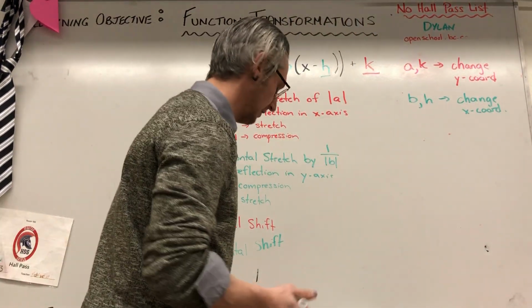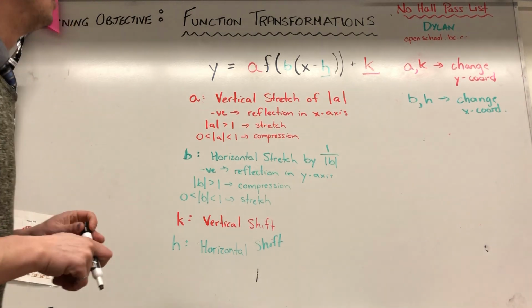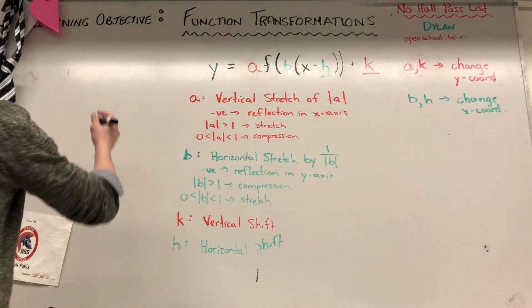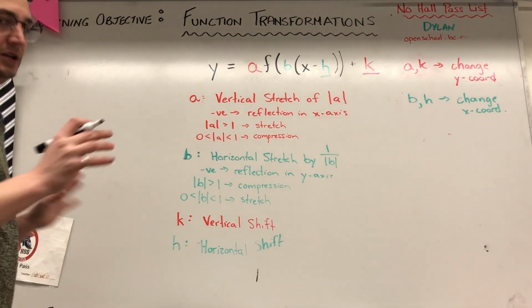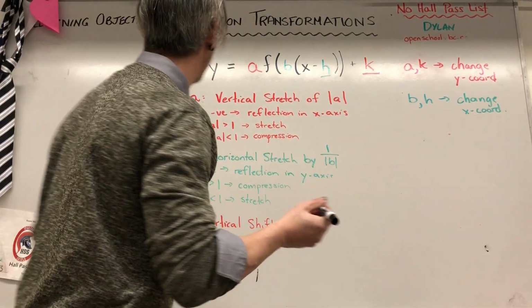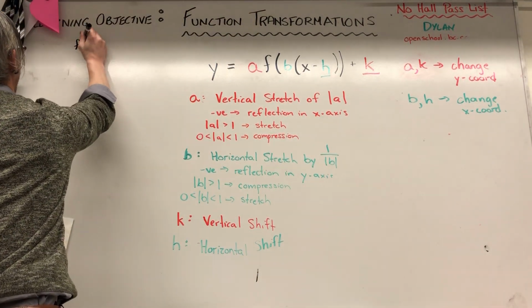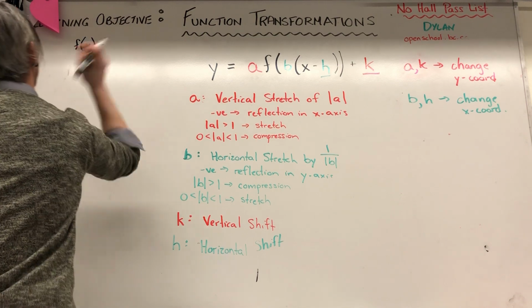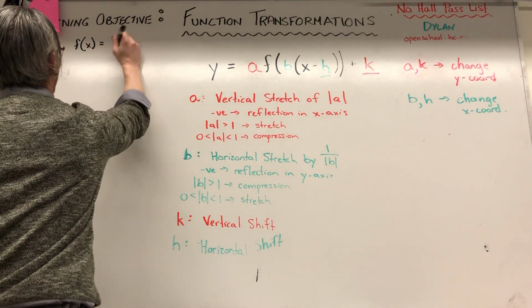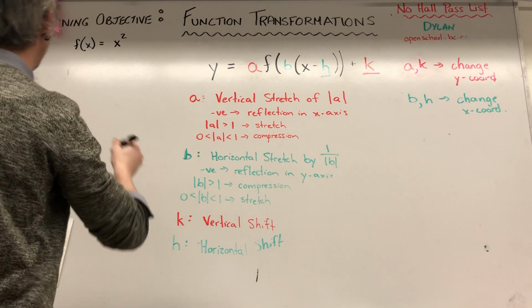So let's actually see what these look like in practice. For ease, I'm just going to use my quadratic function. I'm going to say f of x is equal to x squared. That's going to make an easy table of values for me.